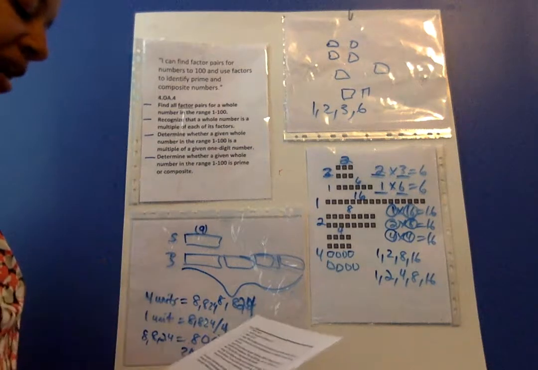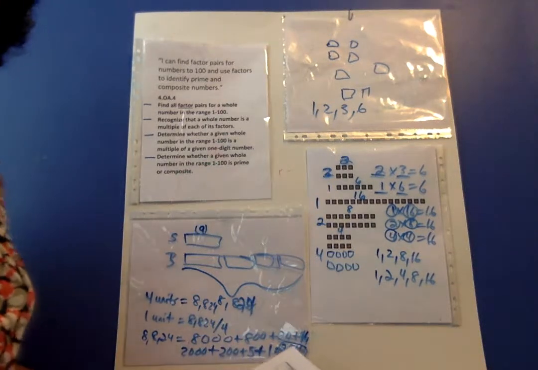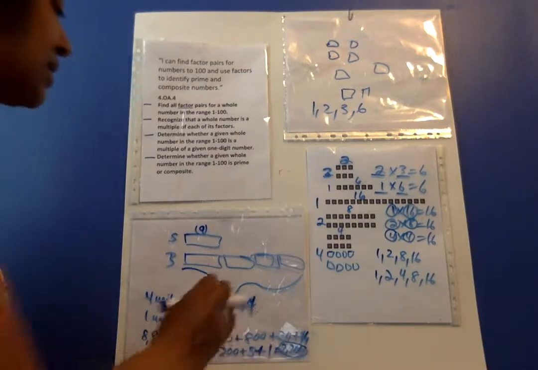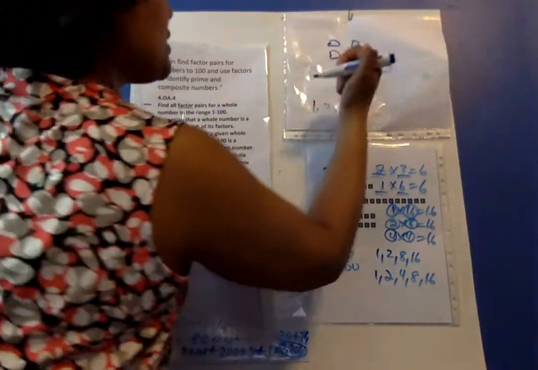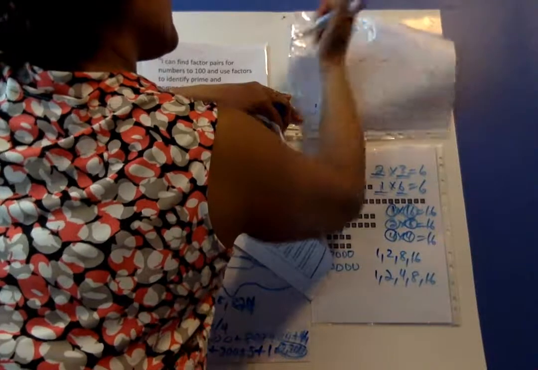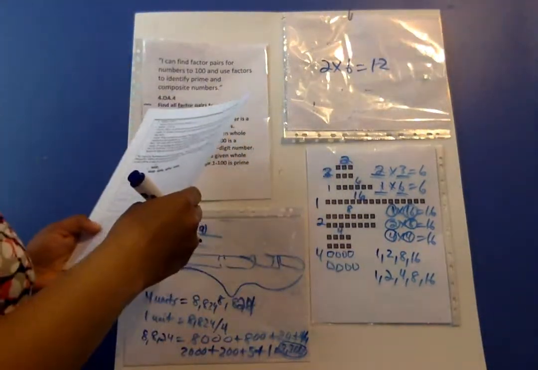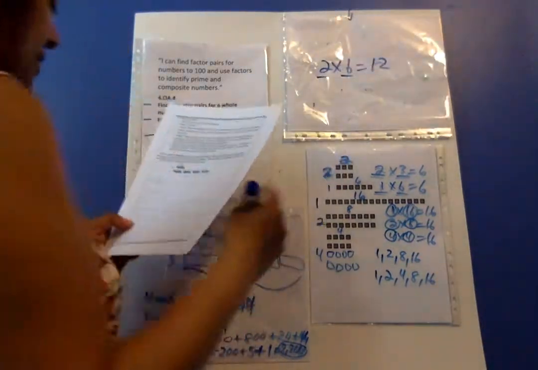Let's look at prime and composite numbers. What are the factors of 2 times 6? Let me just wipe this off. 2 times 6 equals 12. What are the factors? 2 and 6.